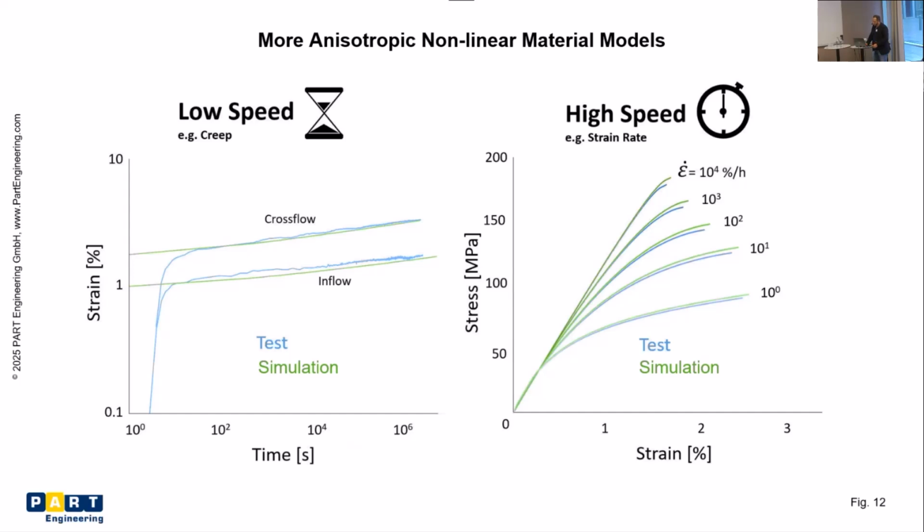And of course, that also not just works with static stress-strain behavior. It is also possible to apply this, let's say, whole concept for creep as well as strain rate dependency, because the fibers or the anisotropy stays the same, no matter what speed you have by applying your load.